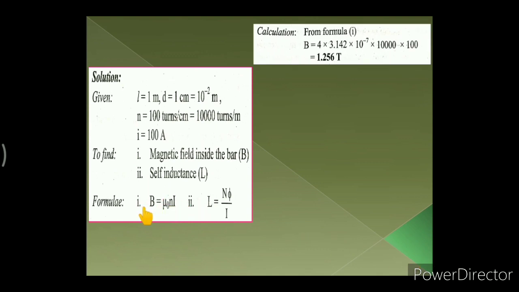In the formula B is equal to mu 0 N I, here we have to substitute the values. Mu 0, the value is 4 pi into 10 raised to minus 7. So here it is to be written 4 into value of pi, we are using 3.142, into 10 raised to minus 7. Value of n here we are getting as 10,000 turns per meter, and the value of I we are having is 100 ampere.